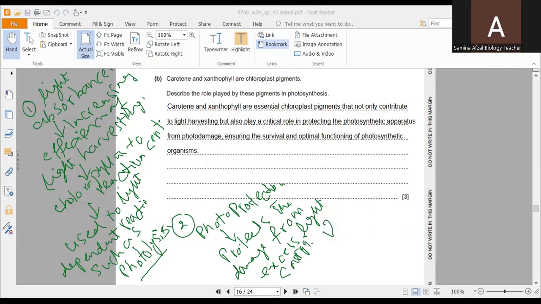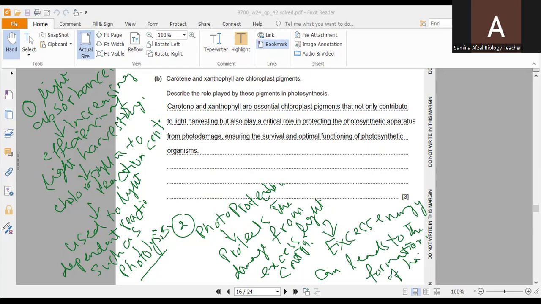So these pigments prevent the damage which can be caused by these reactive oxygen species.